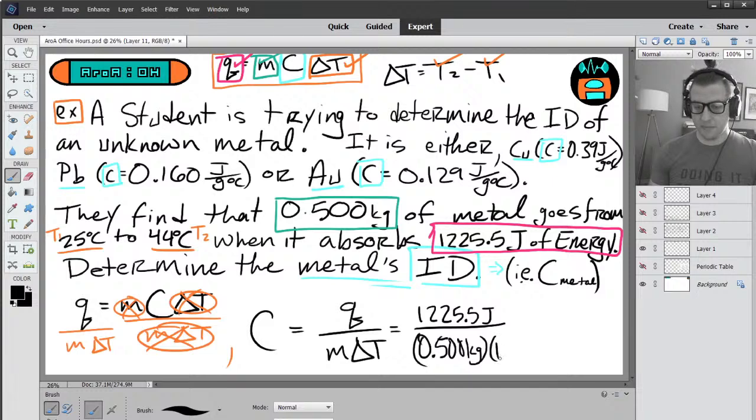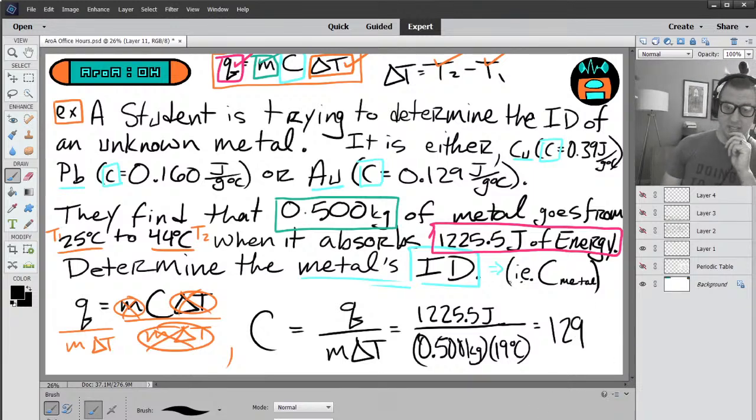And we have a change in temperature of 19 degrees Celsius. 1,225.5 divided by 0.5 divided by 19 is 129. And you'll notice that of these three choices, none of them are equal to 129.